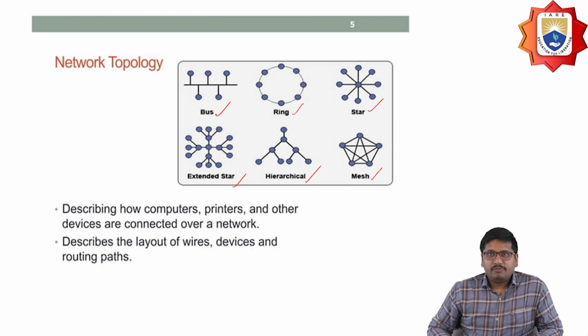So if I want to represent these kinds of topologies, I have to make use of graphs. Here computers are considered as nodes, describing how printers, computers and other devices are connected over the network. The network topology also displays the layout of wired devices and the routing points.